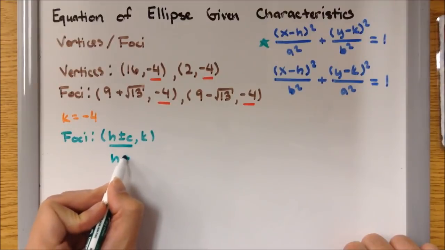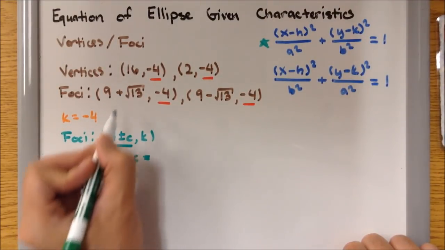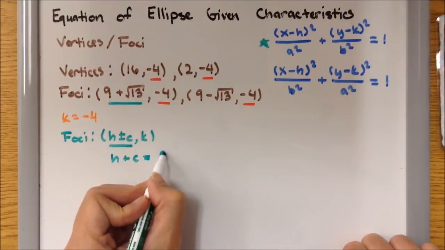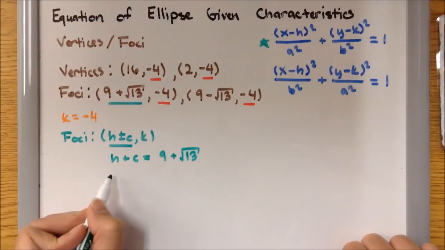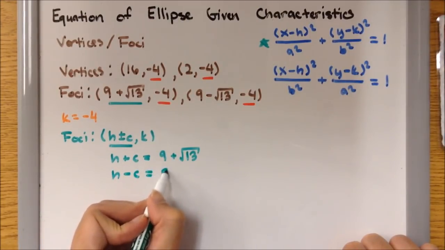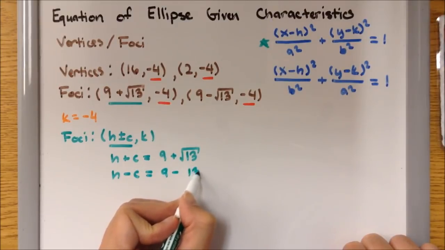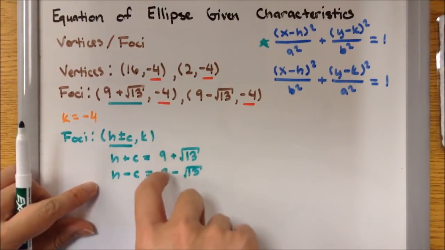So h + c is the same as this one right here, 9 + √13. h - c is 9 - √13. You see how the h's repeat, the 9's repeat.